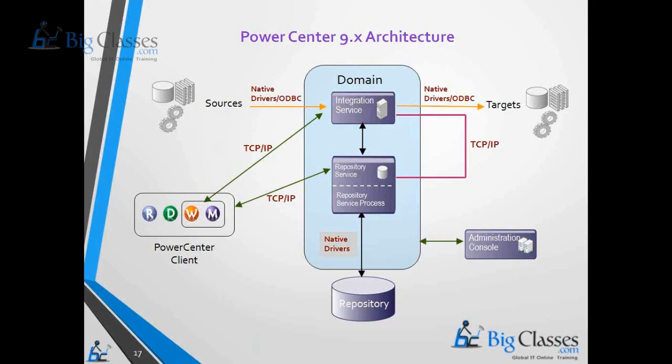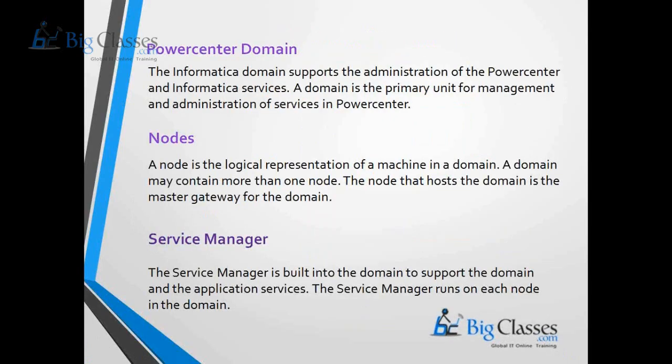A domain can contain any number of nodes, where one node will act as the master gateway node. The master gateway node receives the request from the PowerCenter client, and that node will route that request to the respective service.